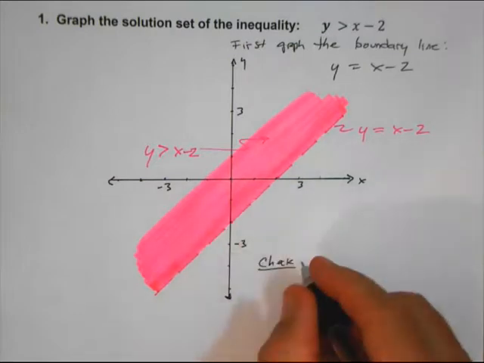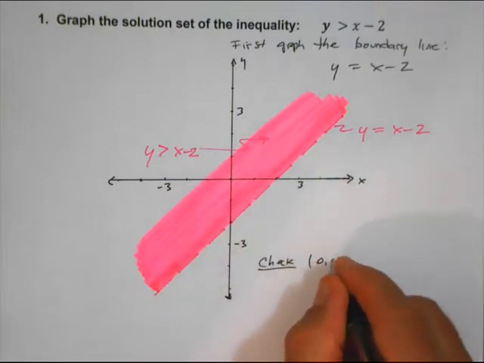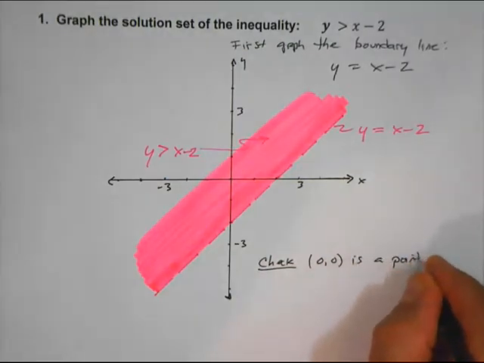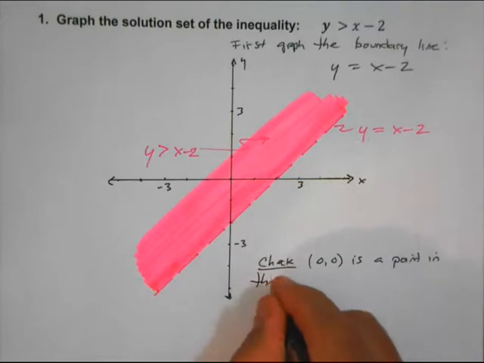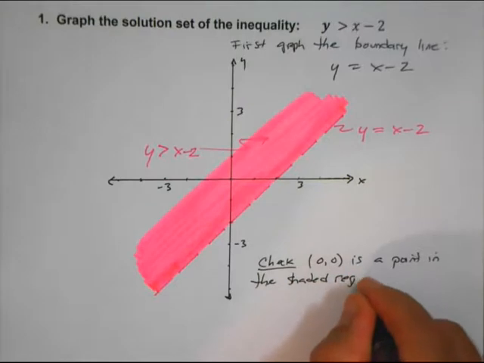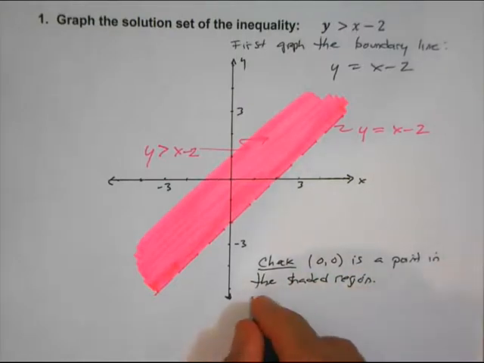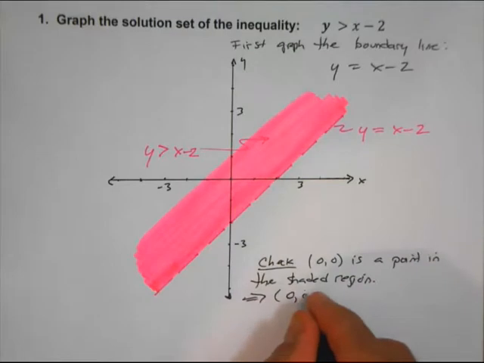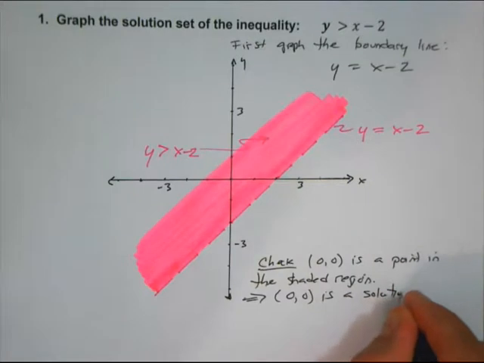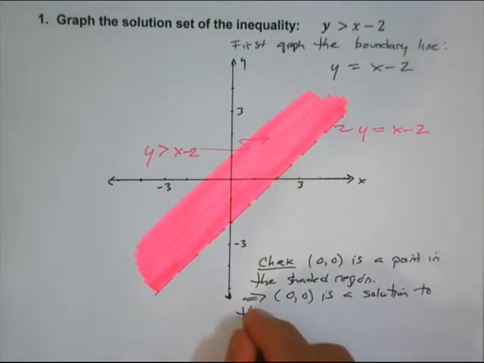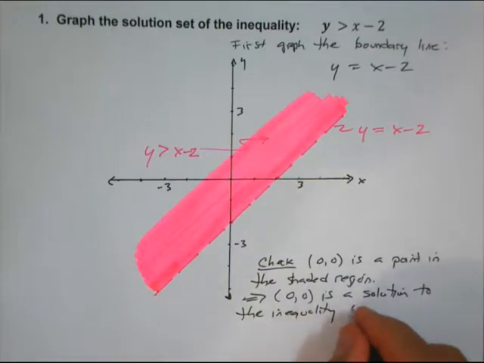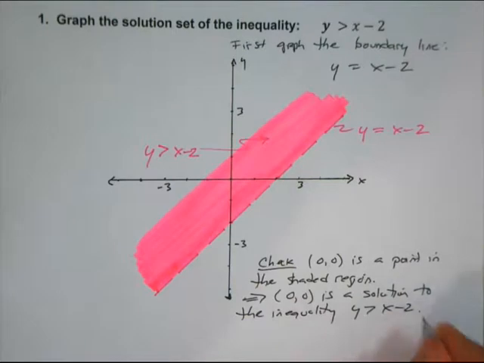Alright, in this case here, we have 0, 0 is a point in the shaded region. What's that mean? This means that 0, 0 is a solution to the inequality y greater than x minus 2.